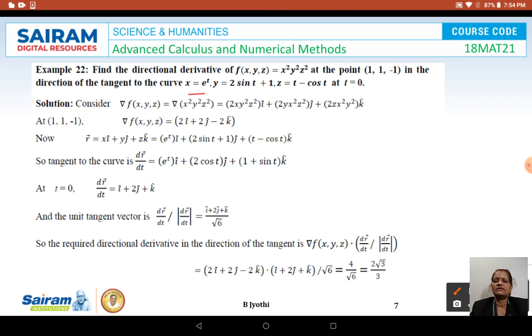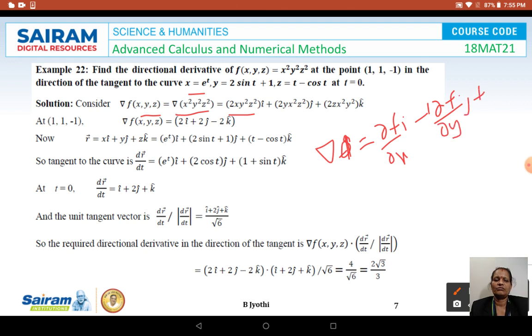Let us consider del f of (x,y,z), that is del of x square y square z square. You know the formula for del f is given by dou f by dou x i plus dou f by dou y j plus dou f by dou z k.